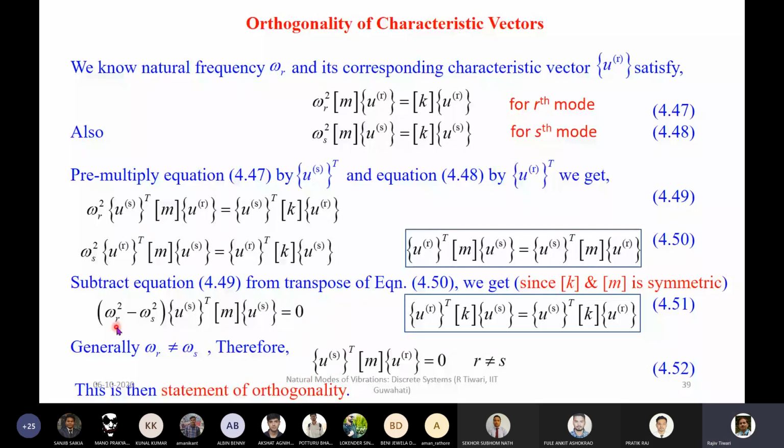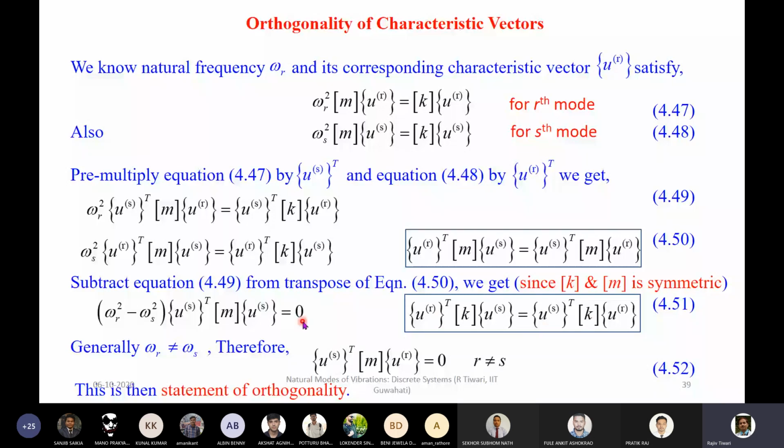So here omega r square minus omega s square, and one of them we can take common. And the right side, because they're equal, will give us 0. Because this condition is there, that will equal 0.